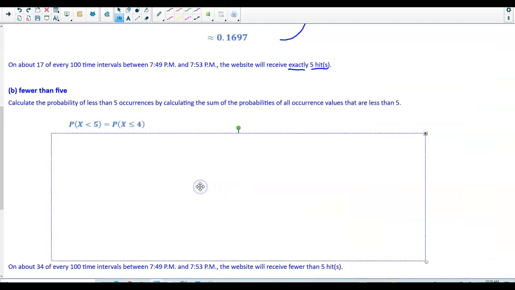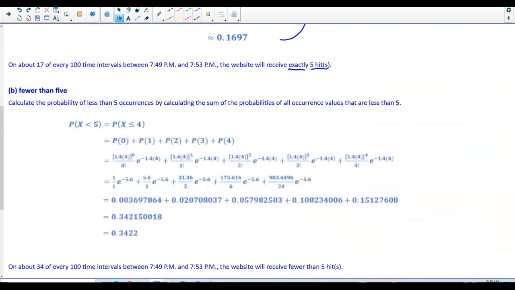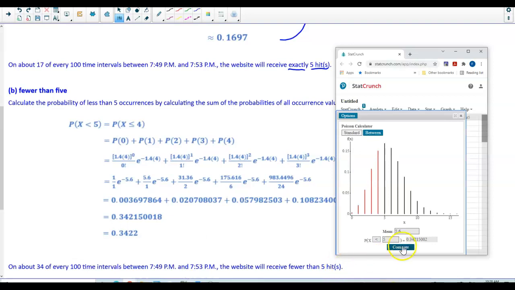Let's check with our formula here. When we plug in our formula, we can see that we round this to 4 decimal places, which gives us 0.3422. Yes, we would find each particular probability, which would take a little bit longer, but it's still important to understand using StatCrunch and how this represents what our formula would look like.